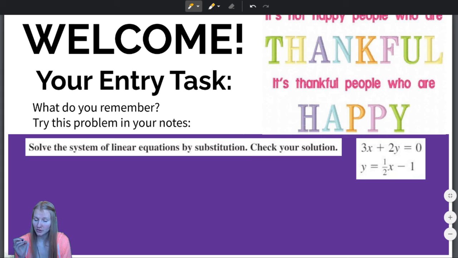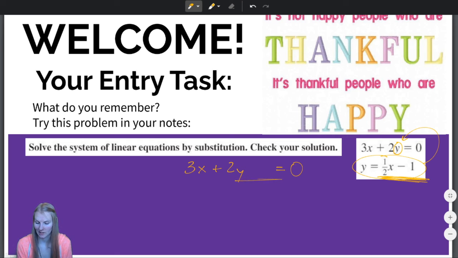So, substitution means that I'm going to replace one of the variables with the other side of its equation. So if I have y equals something, I can plug that something in for y. And that's exactly what we're going to do. We're going to take 3x plus 2y equals 0.